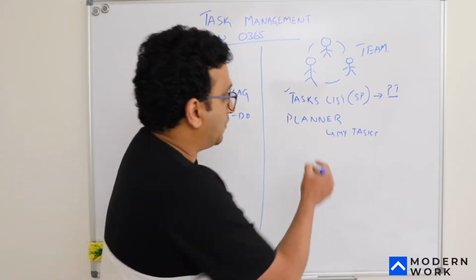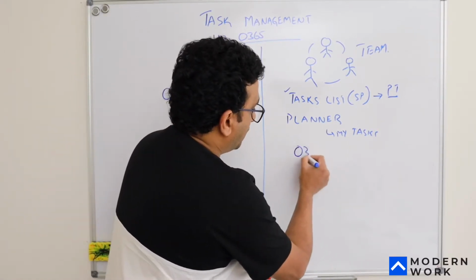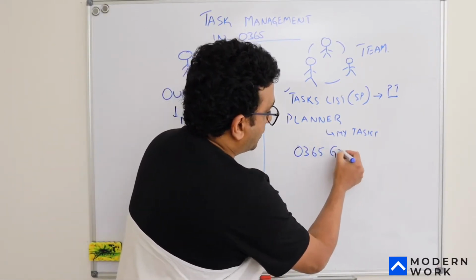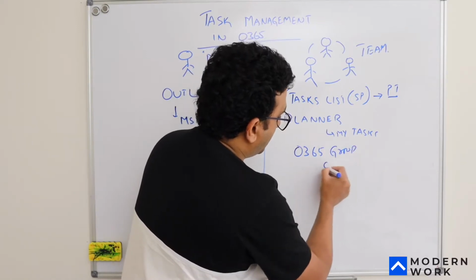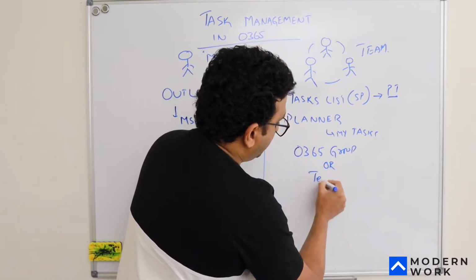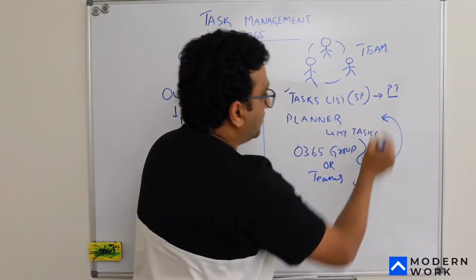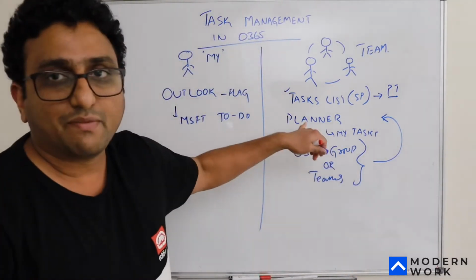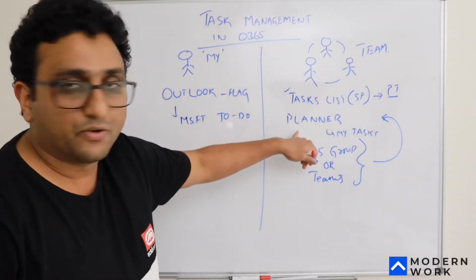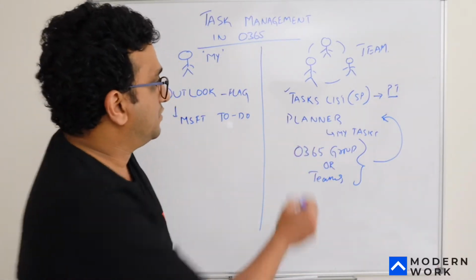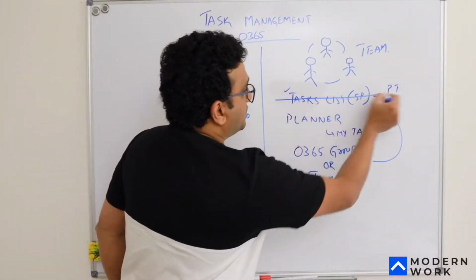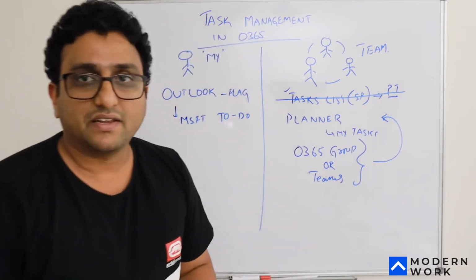So within an Office 365 group, or Microsoft Teams area, you can create plans, which are nothing but groupings of tasks within Planner. So within the modern experience, you don't need to use the task list anymore.